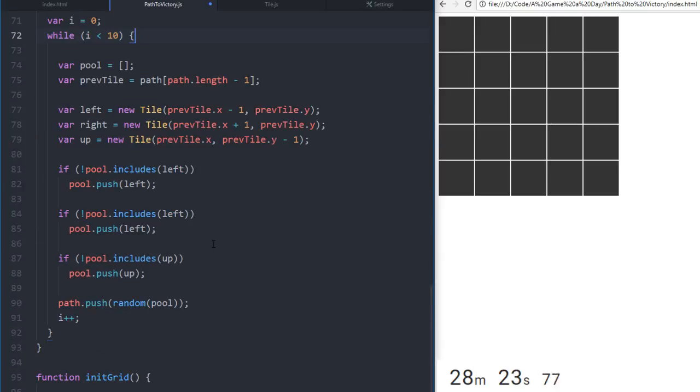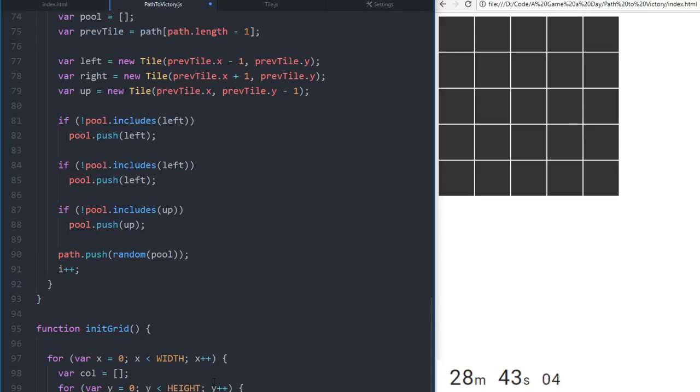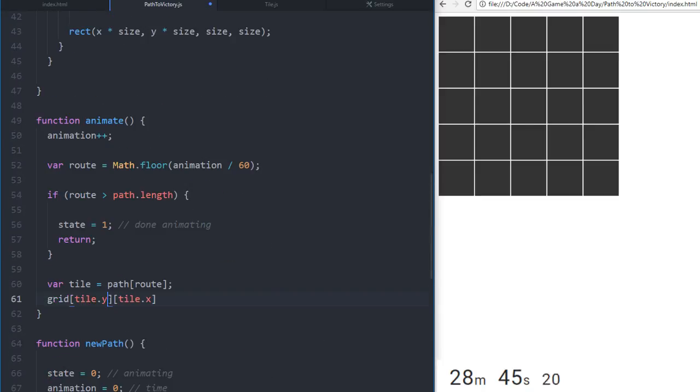Because we do the y's before the x's, I think. Ugh, no. We have columns. When x is 0, it's always going to be 0. So I guess it is xy. xy, let's try it.